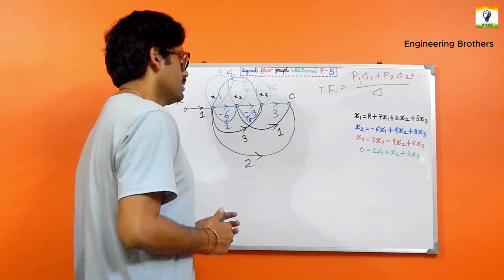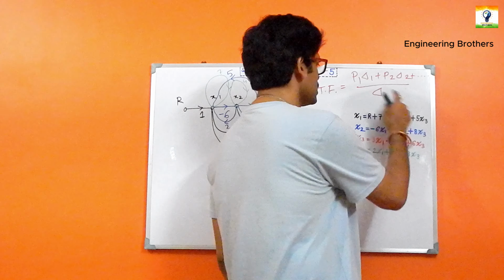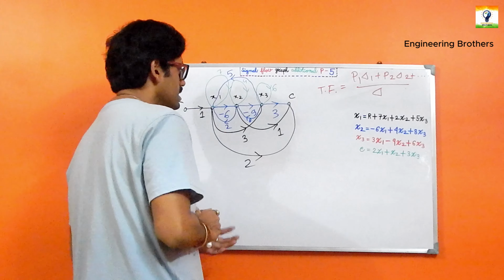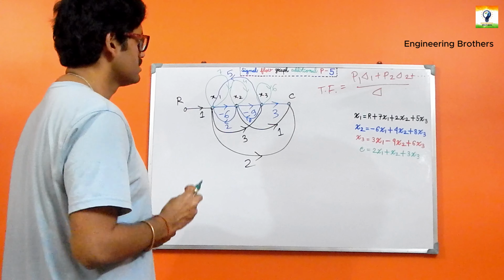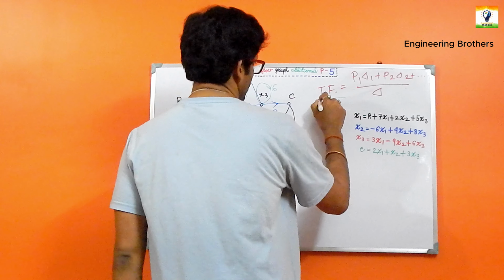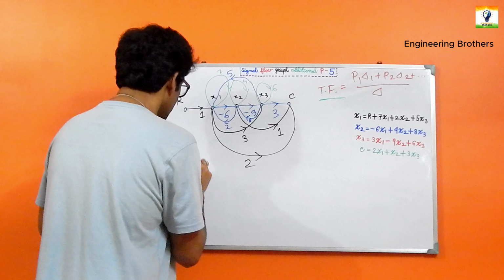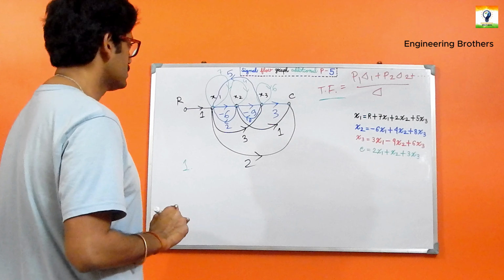Now, looking at this given equation, we have formed the much needed signal flow graph. In our next step, we should form the transfer function expression with the help of Mason's gain formula.